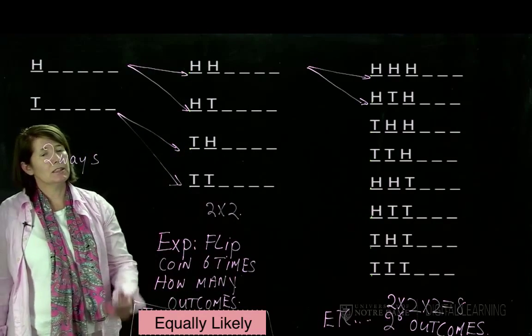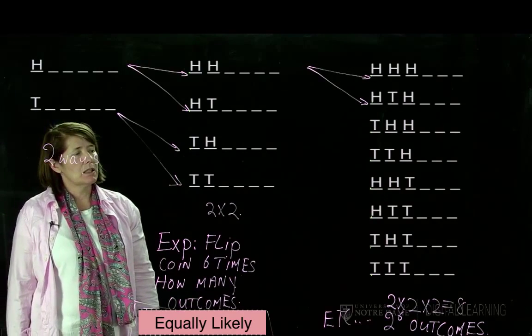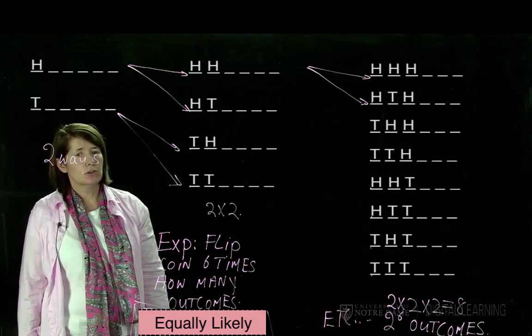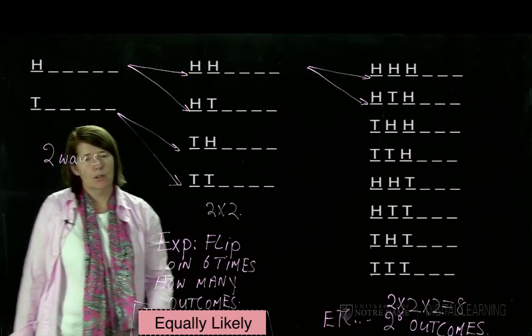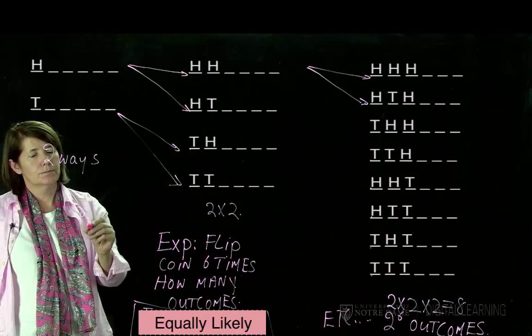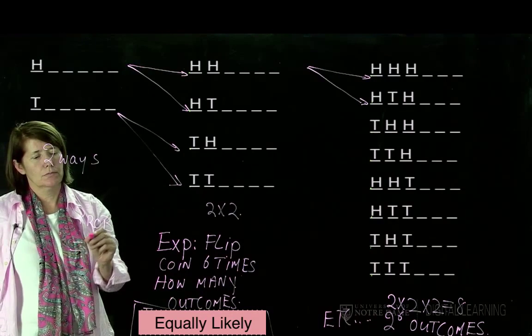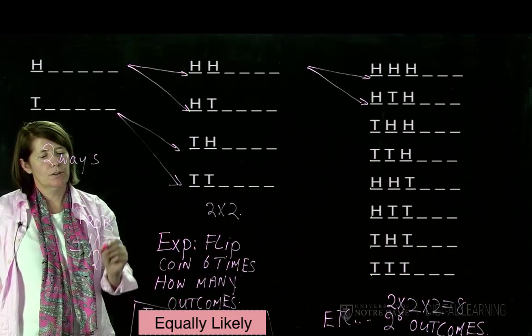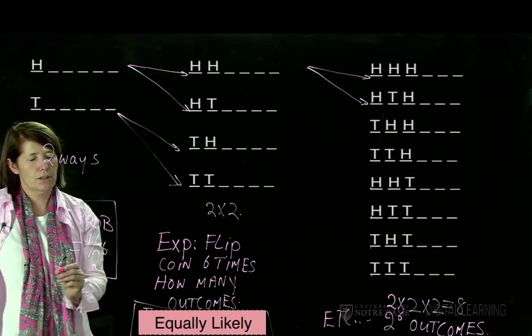So the probability I assign to any particular sequence will be equal to 1 over 2 to the 6, or 1 over 64. So the probability of each is 1 over 2 to the 6 for each outcome.